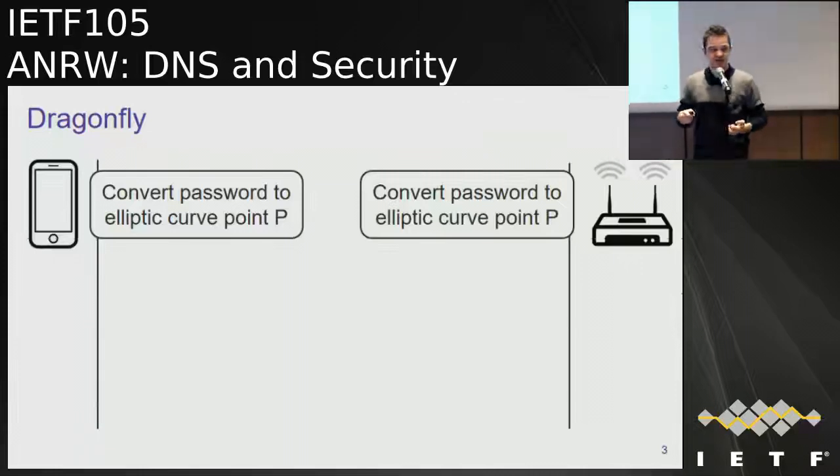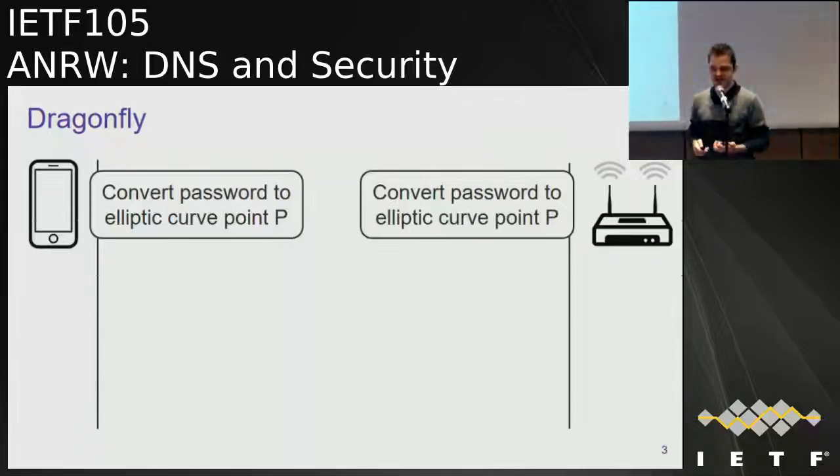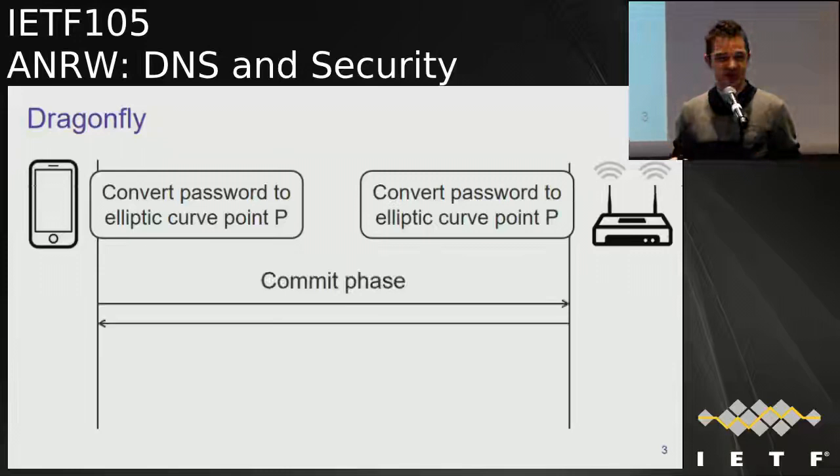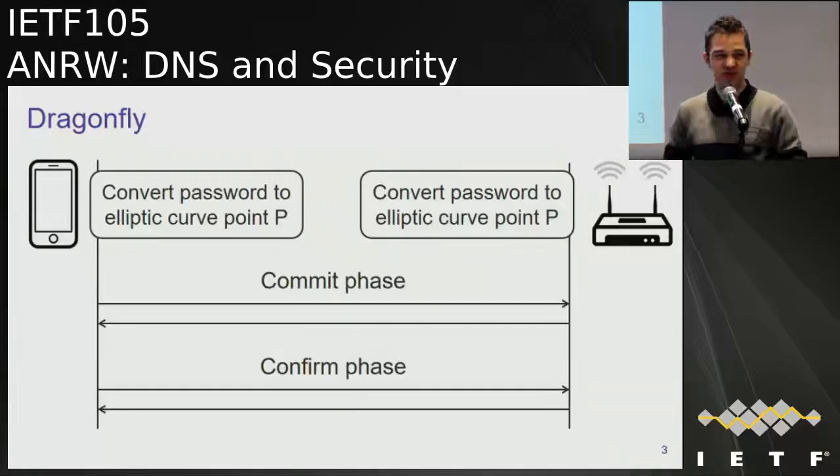So the handshake consists of two main phases. I'm not going to go into detail. Basically, we first have the commit phase where the actual session key is being negotiated. And then there is, at least in the case of Wi-Fi, a confirm phase that confirms that both parties indeed used the same password and that they negotiated the same session key.